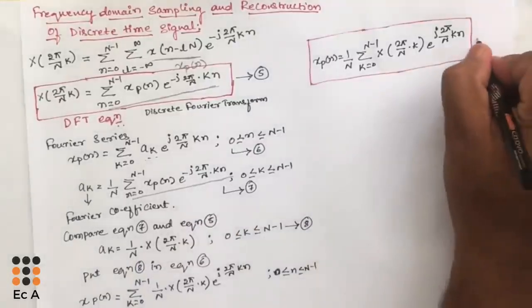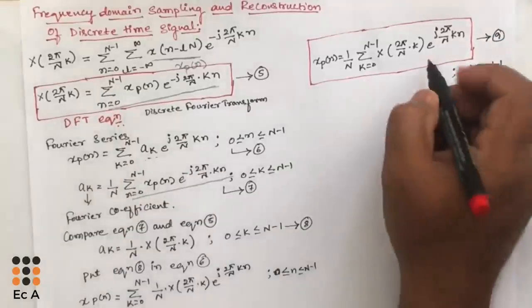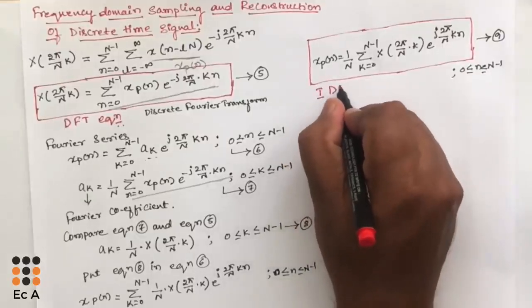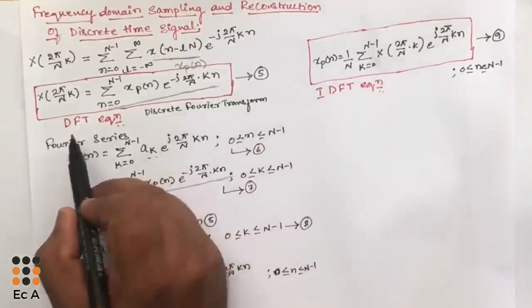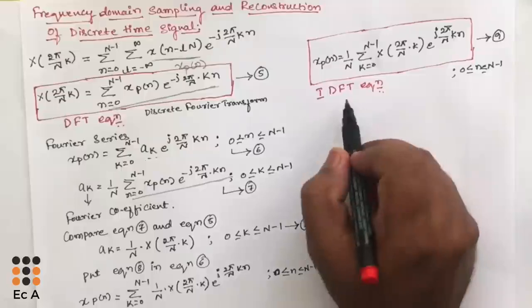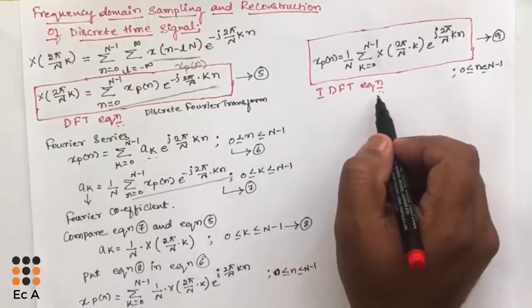Let us take this equation as equation number 9, and this equation represents the inverse discrete Fourier transform equation. So equation number 5 represents the discrete Fourier transform equation. Equation number 9 represents the inverse discrete Fourier transform equation.